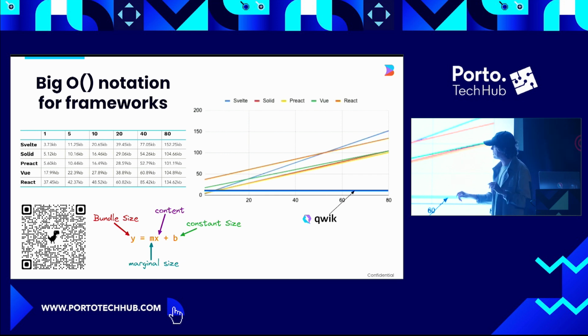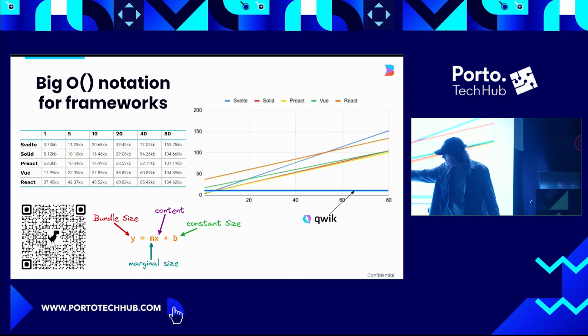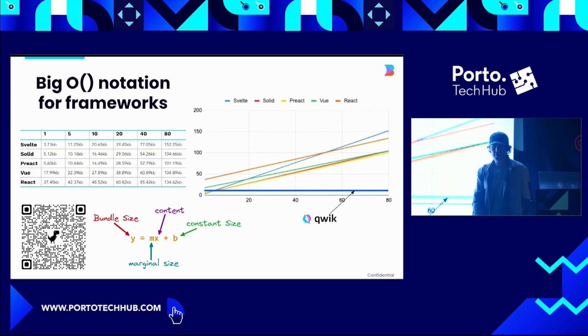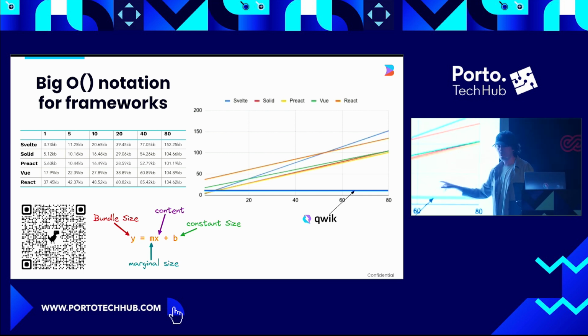There are two differences. This is Svelte. Svelte is actually the smallest one for a very small application. But when the number of components grows, it's the one that delivers more JavaScript. And then Qwik. Qwik is flat. And there is something fundamentally different that Qwik does to achieve this.